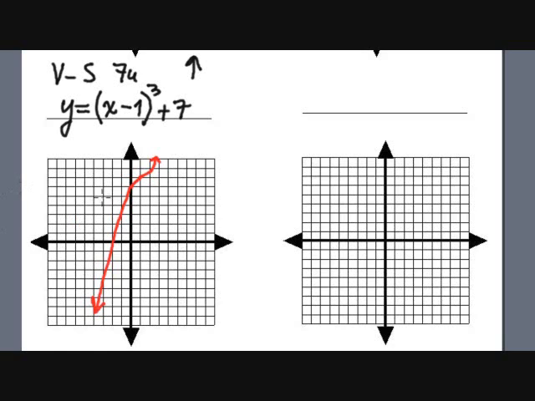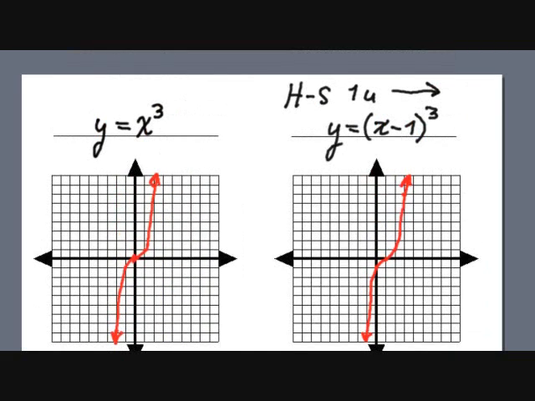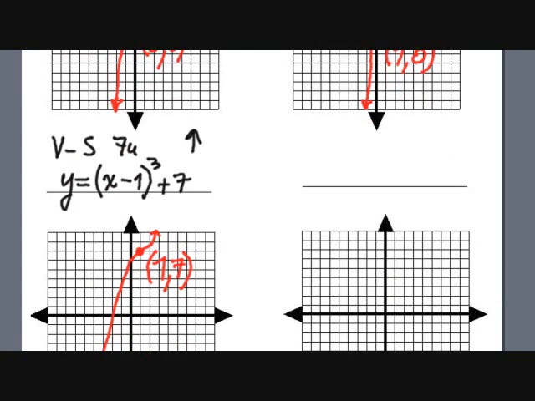Okay, so now this point, the reference point, the most important point, is 1, 7. However, in the basic original, this point was 0, 0. And in the first transformation it was 1, 0. Okay, and the last transformation was 1, 7. Perfect.